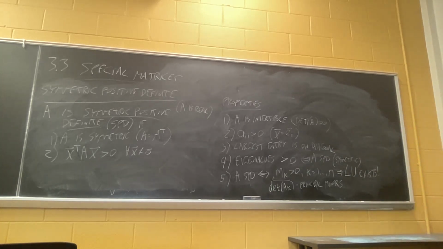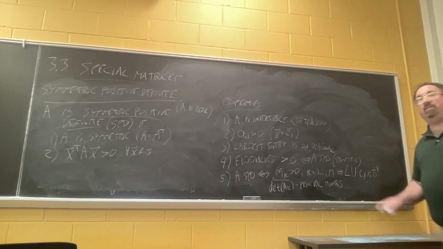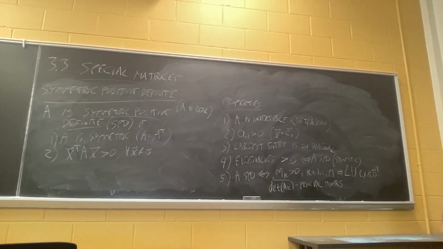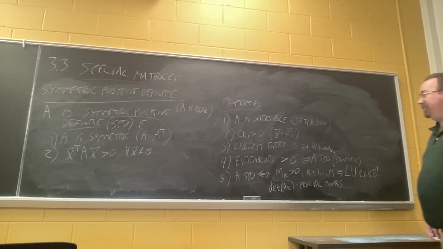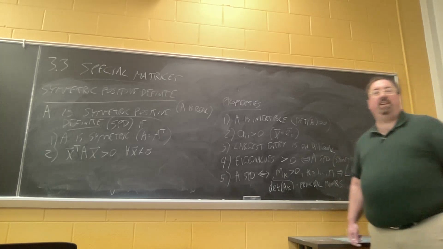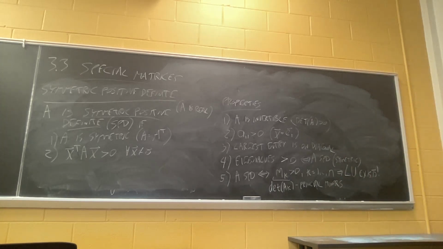So every symmetric positive definite matrix has an LU decomposition. What that means is, if you want to carry out Gaussian elimination on a symmetric positive definite matrix, you'll know that it is never absolutely necessary to pivot. You're in no danger of having a zero diagonal entry to go in your multiplier.